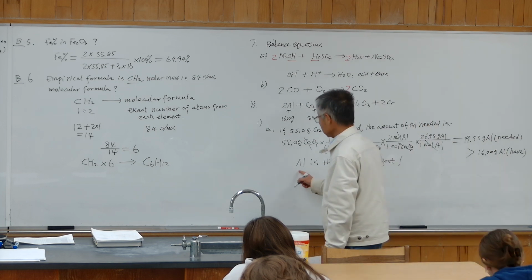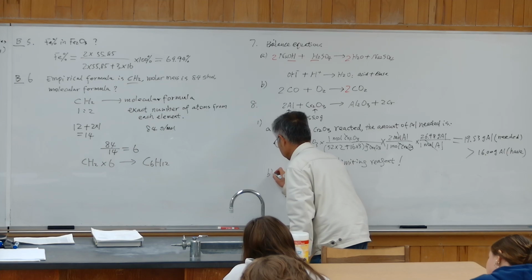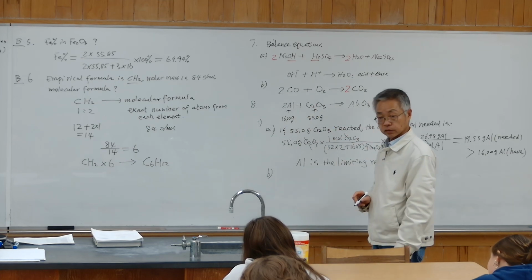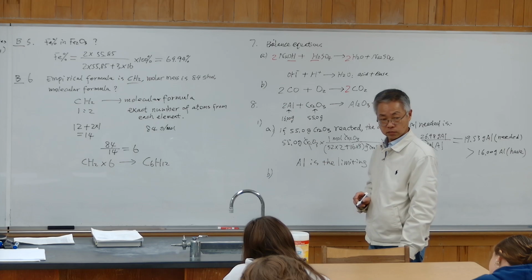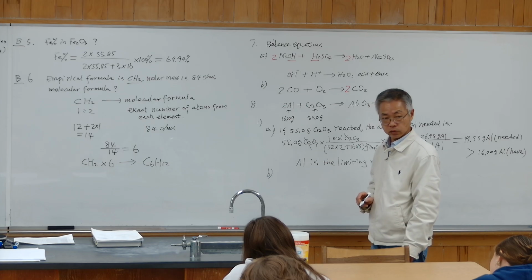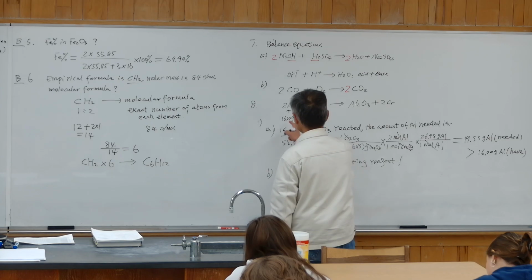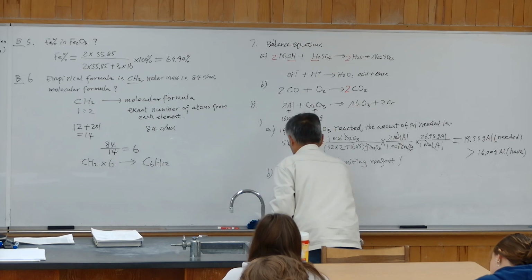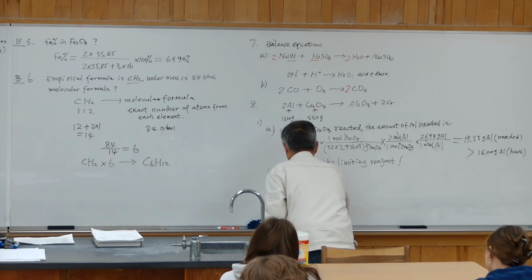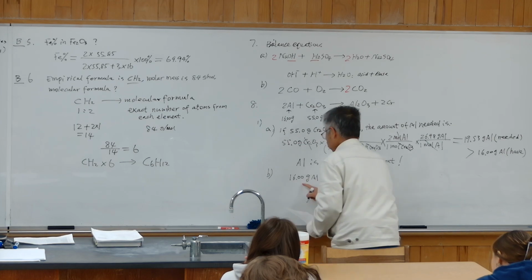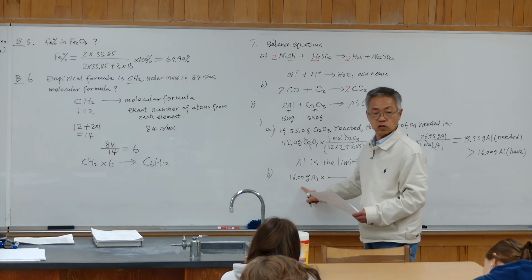Now, since aluminum is the limiting reagent, we must use aluminum to calculate the theoretical yield. No choice now. You cannot use the excess reagent to calculate the theoretical yield. Again, mass always converts to moles.